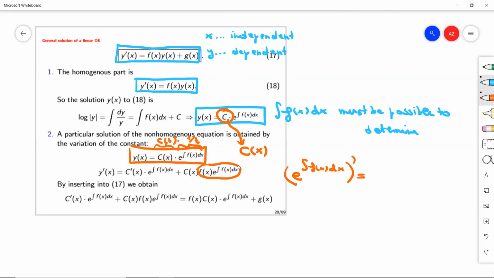So the derivative of e is e, and the derivative of this integral by the fundamental theorem of calculus is just f of x. So we use the fundamental theorem of calculus to compute the derivative of the integral of f.